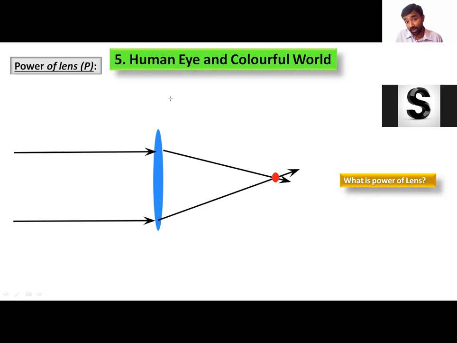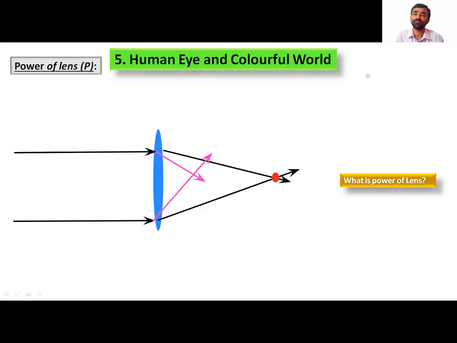Now I want to bend this light ray further, right? I want it like this. I want to change the converging point to here. Is it possible for me? Answer my question.